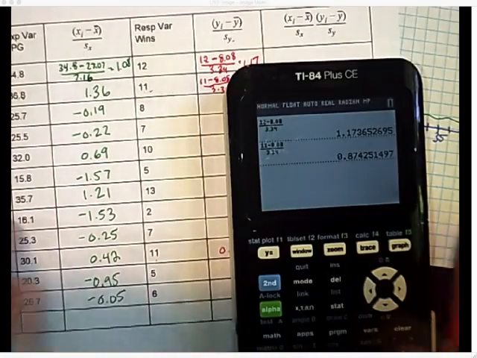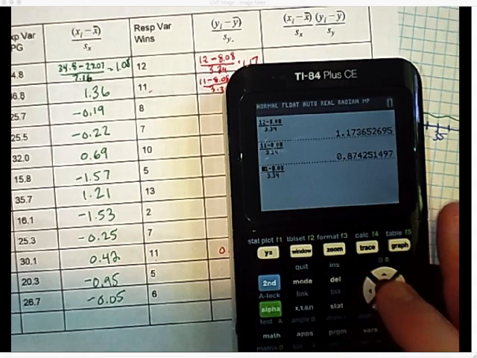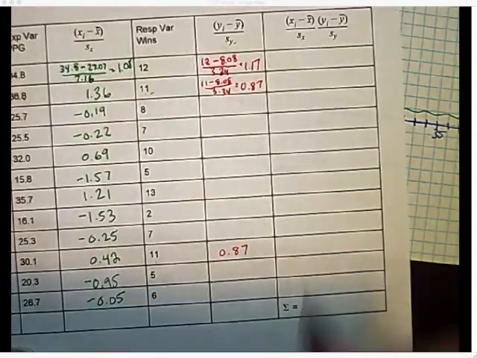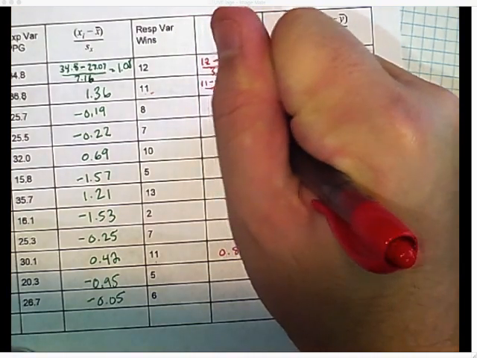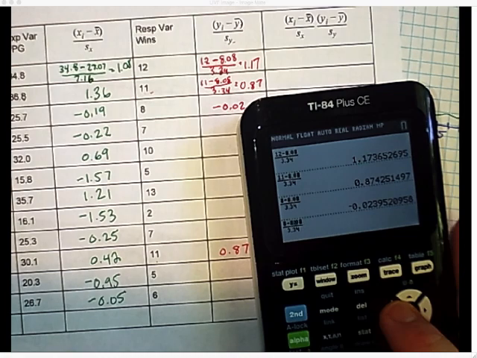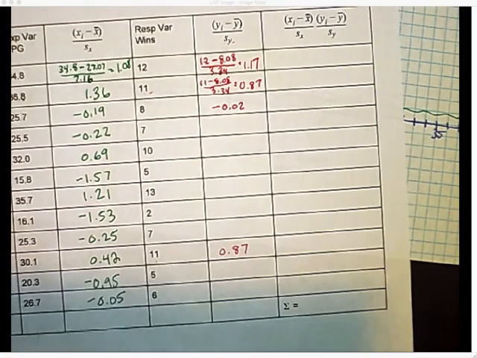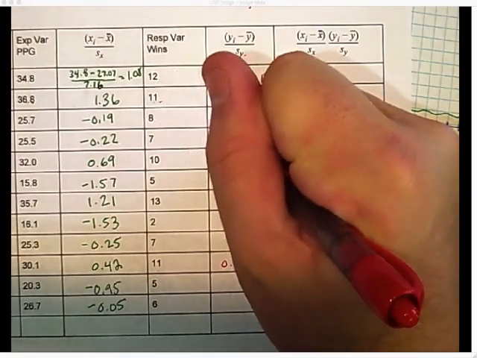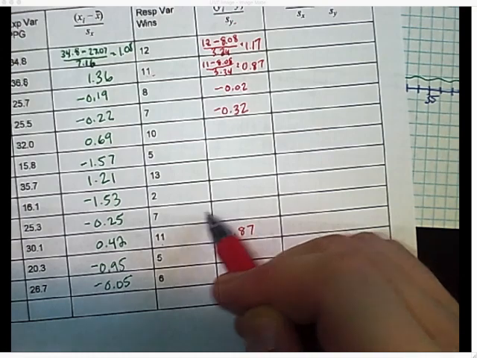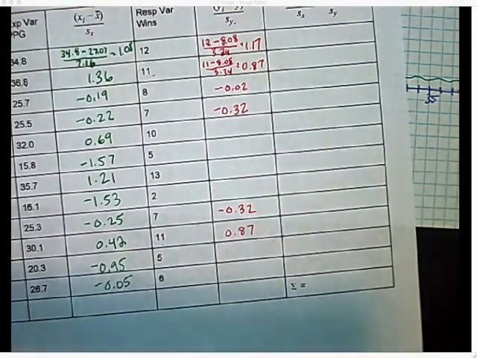If I do 8, I plug in 8. That's negative 0.02. Change that to 7. Negative 0.32. And there's a few 7s on here, so here's another 7 down here. That's negative 0.32 as well.